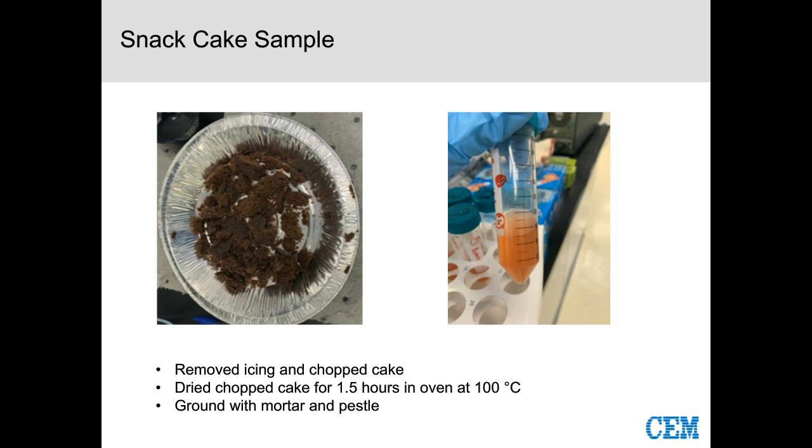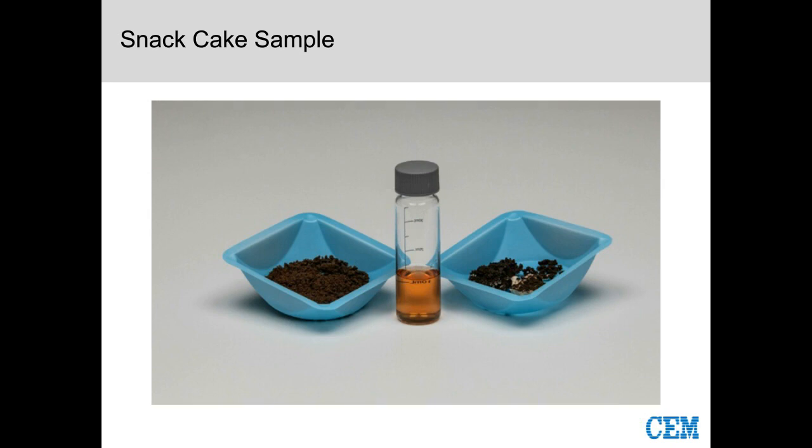We dried the chopped cake for 1.4 hours in the oven at 100 degrees C, and then we ground it with a pestle and mortar, which led to that final sample you see there, and then the extract that you see. If we look at the more stylized photo, you see that same process of not really any transformation.